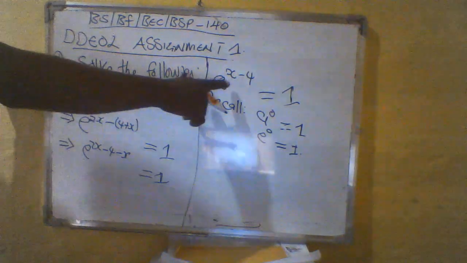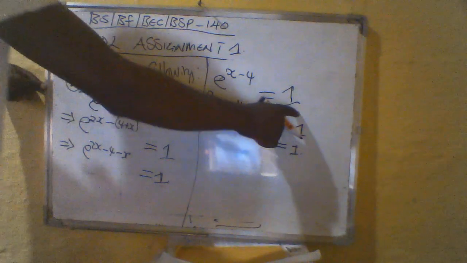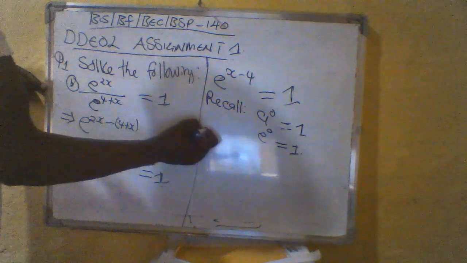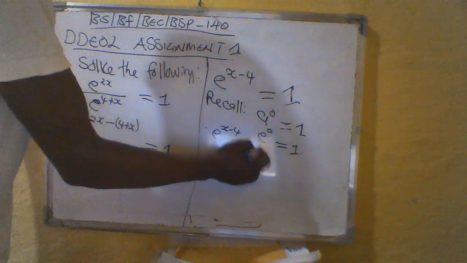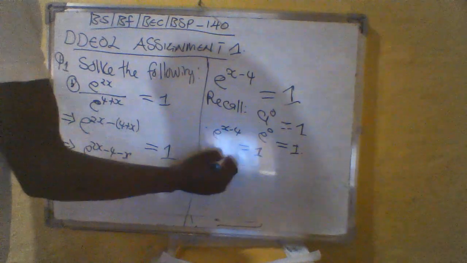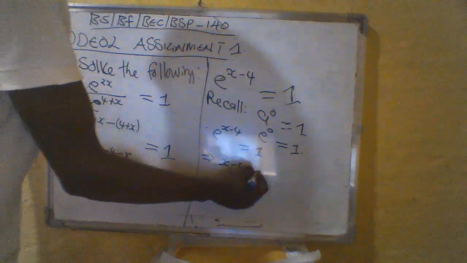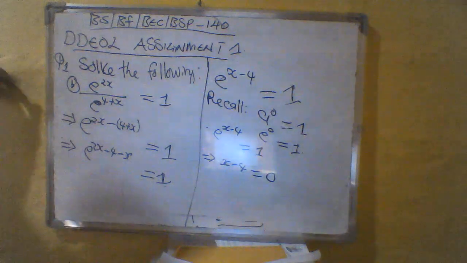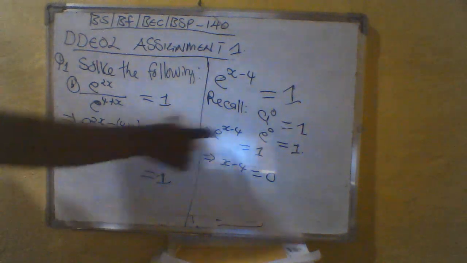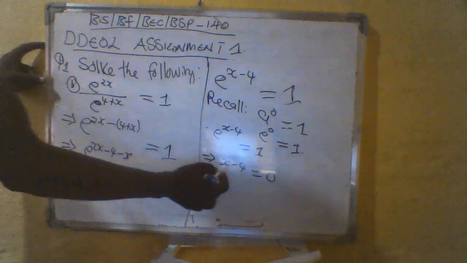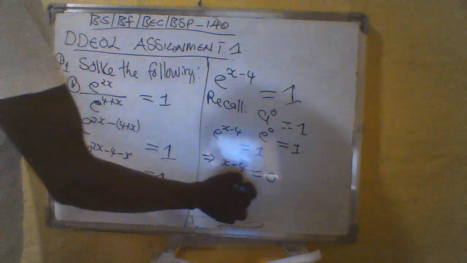So if this expression e power x minus 4 is equal to 1, what does this imply? It implies that x minus 4 should be equal to 0.